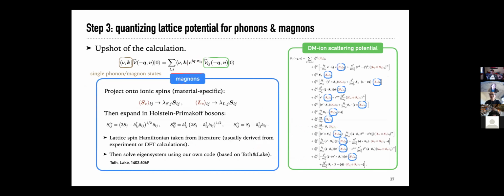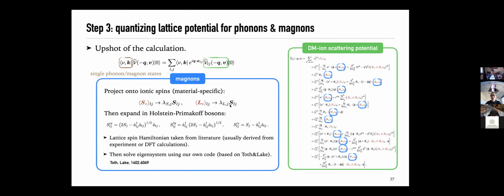Let me move on to the case of magnons. As I said, these have to involve the couplings to the ionic spins, and they have to come from the electron spins or orbital angular momentum. So just single out these terms in this equation. And the question is how to relate these quantities that the dark matter couples to at the particle level to the ionic spins.